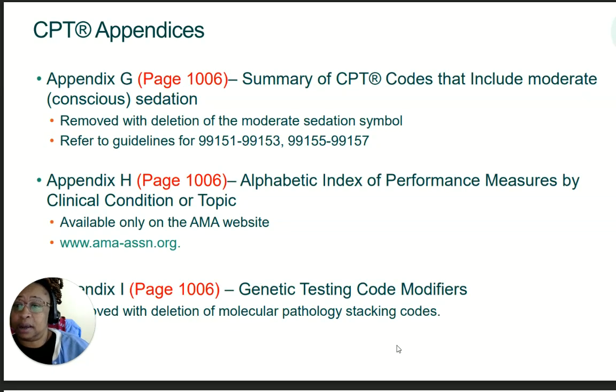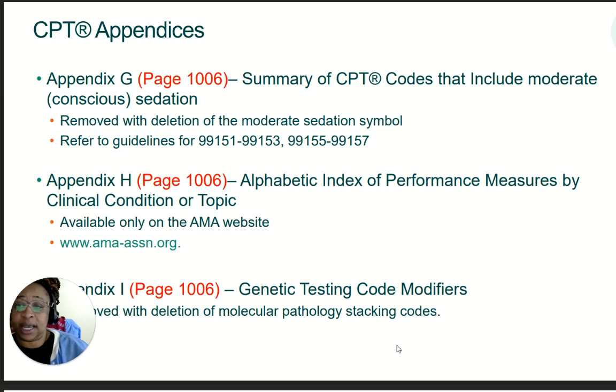Appendix G is a summary of CPT codes that include moderate conscious sedation, with removal of the moderate sedation symbol, and this reference guide is for codes 99151 through 99153 and 99155 to 99157.